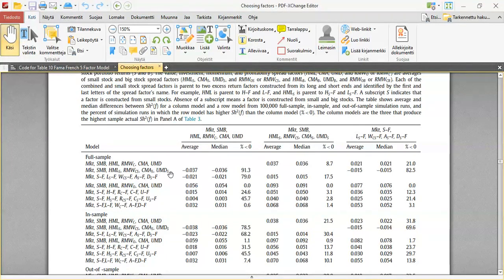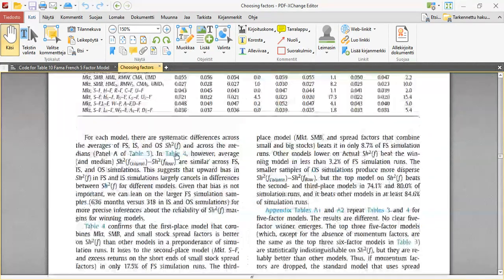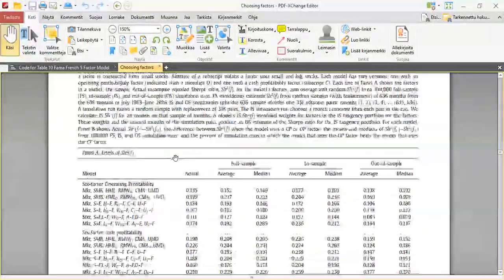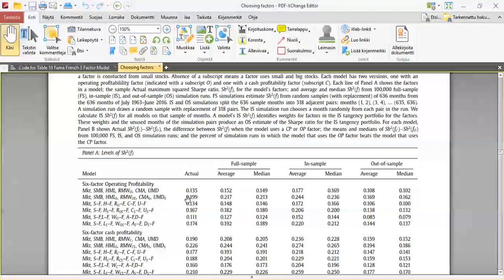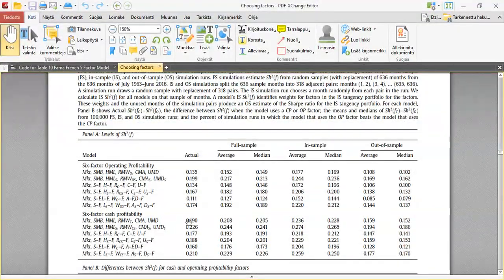Which tells us something about the statistical significance. Because what we saw in table 3 are just average estimates from using the actual data, full sample, or in and out of sample. But we have only a point estimate. This can be purely by chance.